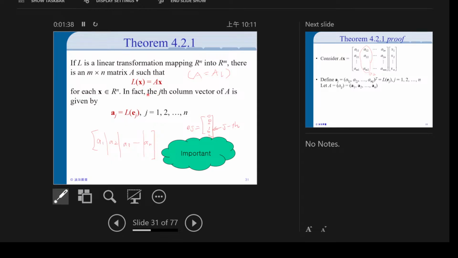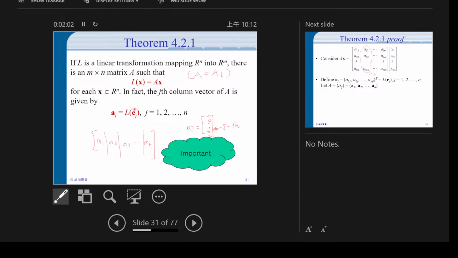We told you how to find this A, so this is something you need to remember, and it will be in your homework and final. How you find this A is you can calculate the columns of A one by one. You take all the standard basis vectors inside Rn, so those Ej are vectors with only the jth element being 1 and all other elements being 0.